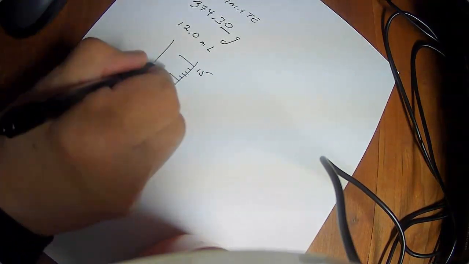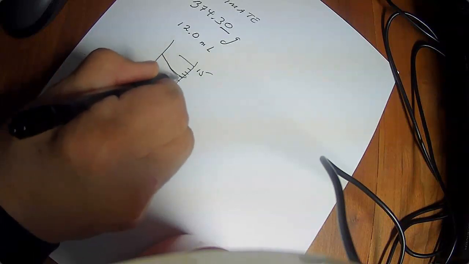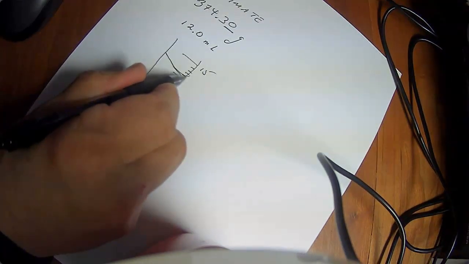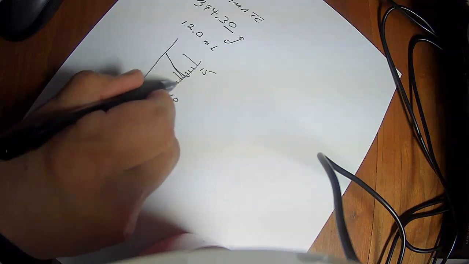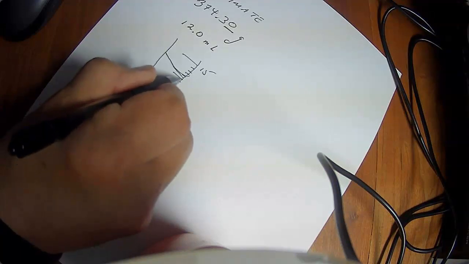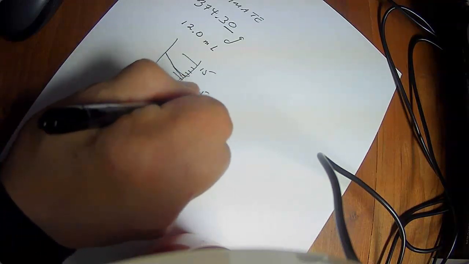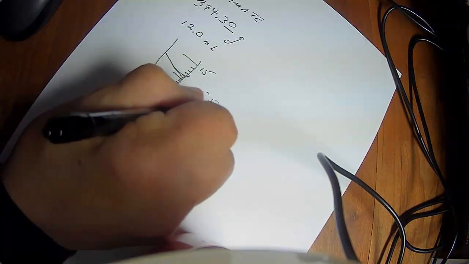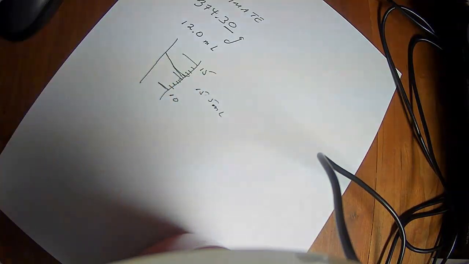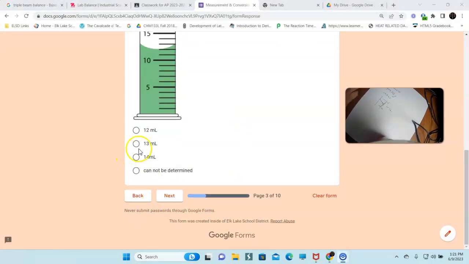And so for example, if my meniscus was kind of right between two lines, 10, 11, 12, 13, 14, 15.5, we would call that 15.5 milliliters. You get to estimate that last decimal point. Very bad drawing, and I apologize for it. But I'm trying to use a very primitive setup here. Okay, so let's just call this 12 and move forward.